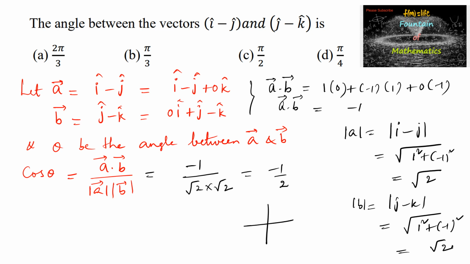So cos theta is negative in the second quadrant, and we can write cos theta is equal to cos of pi minus pi by 3, since cos 60 is 1 by 2. So we can say theta is equal to pi minus pi by 3, that is 2 pi by 3. So 2 pi by 3 is the angle between the two vectors. So option A is the right answer.